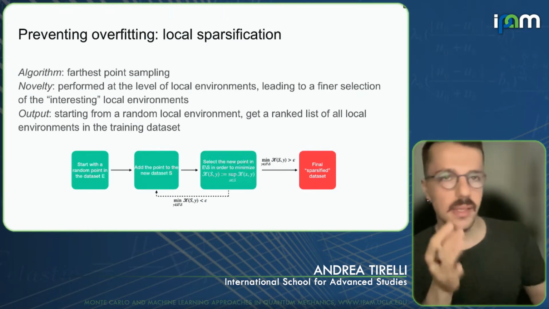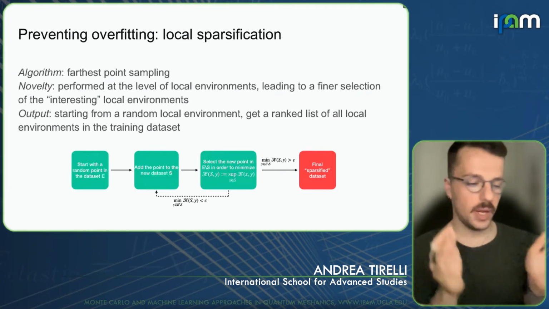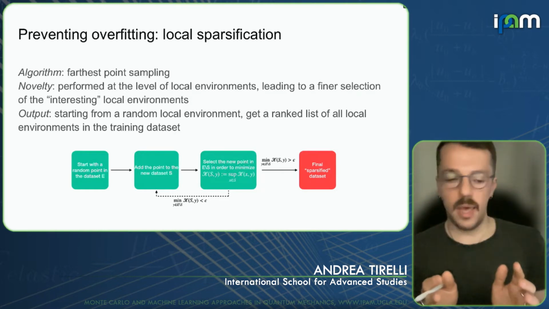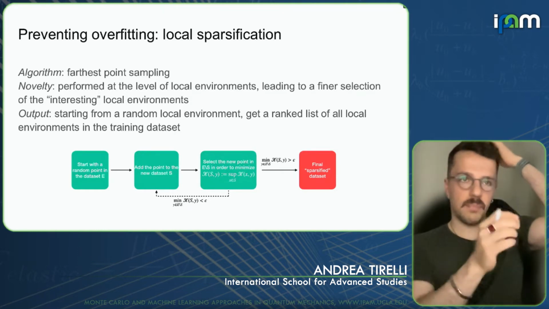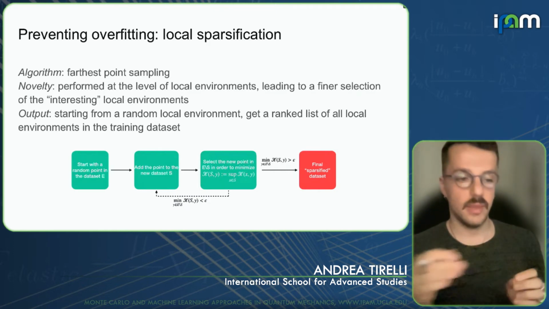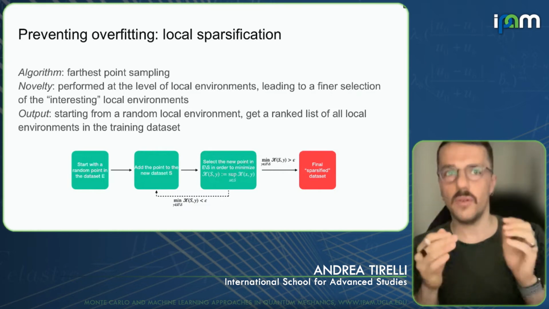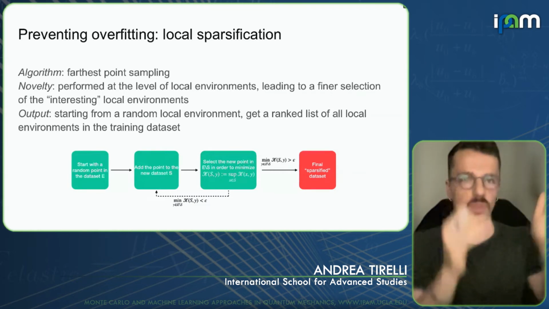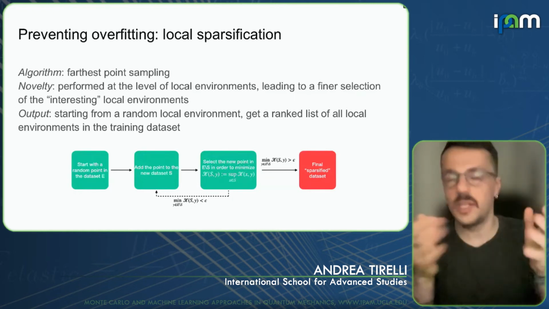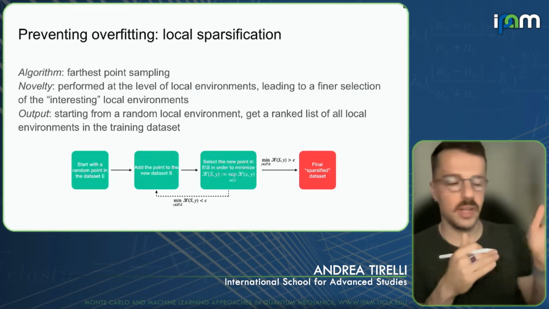In this case, I'm assuming I already have a training data set, and I want just to pick and choose some of the local environments in the configuration. So the idea is, of course, that I still have to do the VMC QMC simulation for the entire configuration.